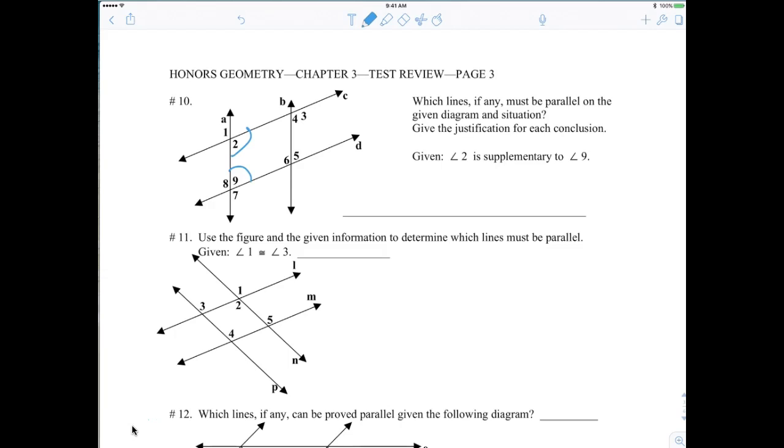We don't know A and B are parallel, because there isn't a relationship between two angles. There either has to be alternate interior, alternate exterior, consecutive interior, those types of things. There's nothing perpendicular. So you just have to scroll through your ways of showing that lines are parallel, and nothing fits for A and B.